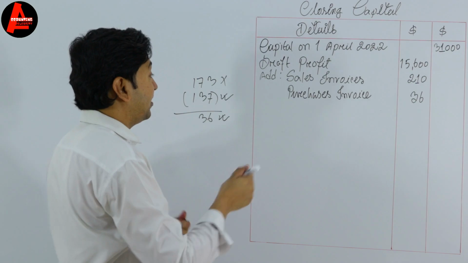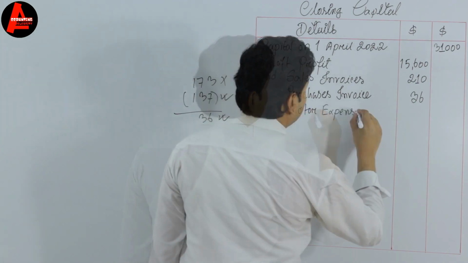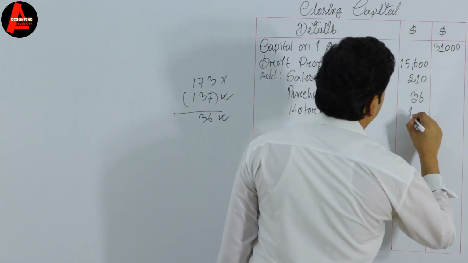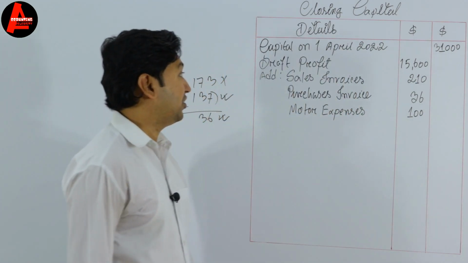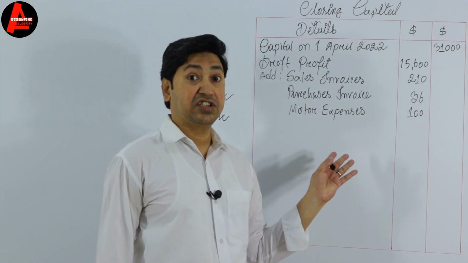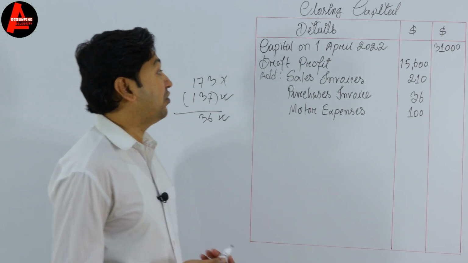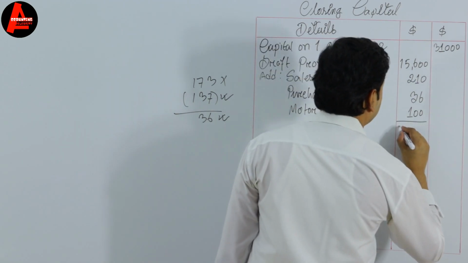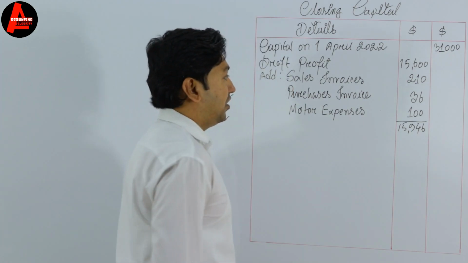So let us write here motor expense, $100. Great. So these are three transactions that increase the profit. Now we will sum up all three. We get here 15,946. Good.